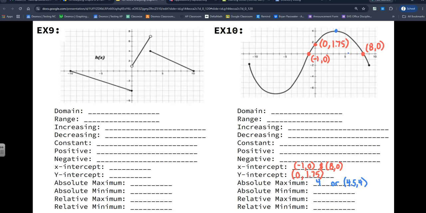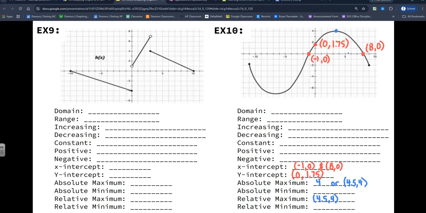Now, any absolute maximum is also a relative maximum. So I'm going to go ahead and write this down here, 4.5, 4. That is also a relative maximum. Because relative maximum means it's higher than the points around it, okay? So the graph switches from increasing to decreasing.